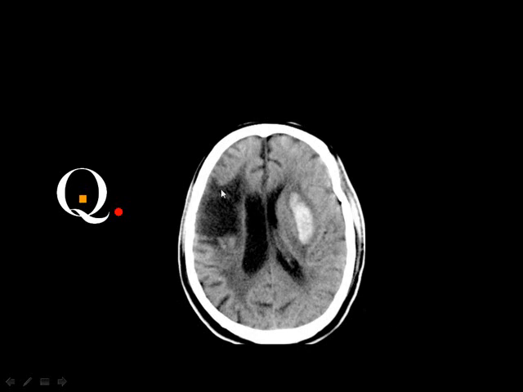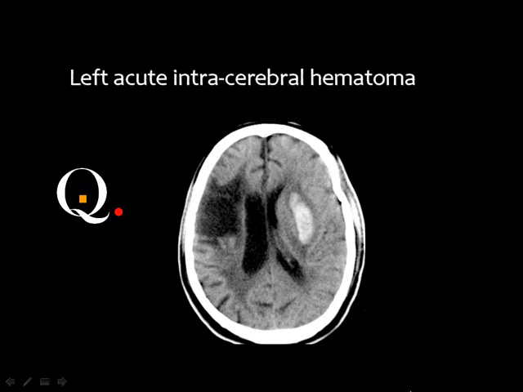Yes, chronic infarction on the right side, and with the intracerebral, yes, recent intracerebral hematoma. Okay, this is a good comment actually, and you see this area, which we call in the radiology reports an area of encephalomalacia. What do we mean by encephalomalacia?